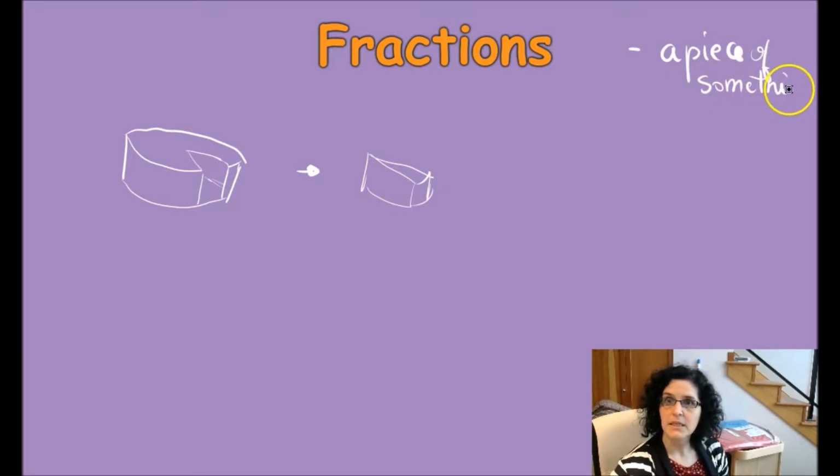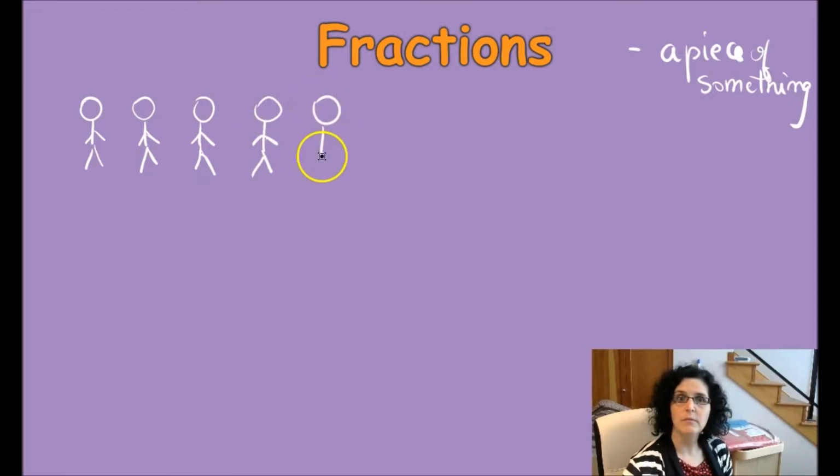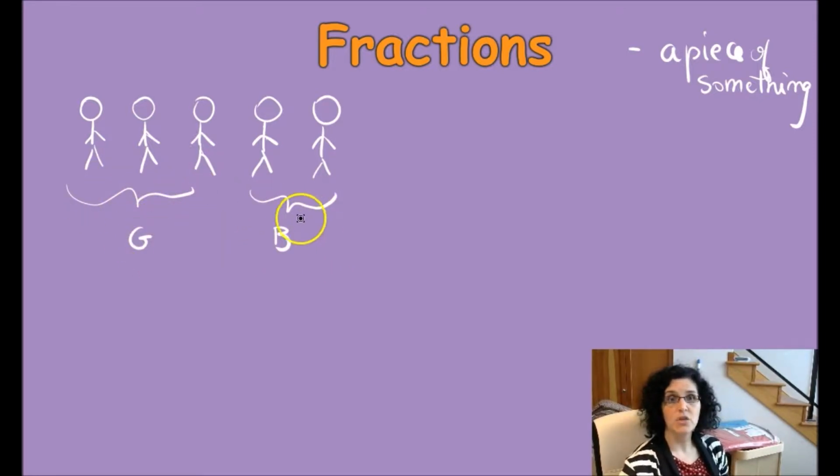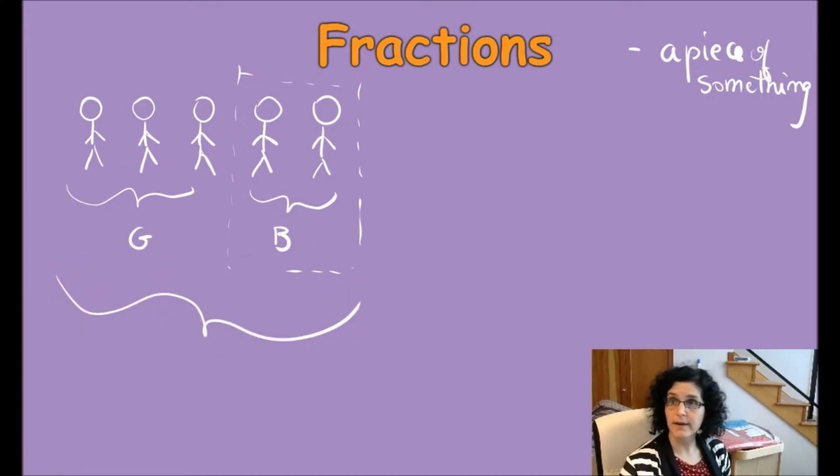A fraction can also be, let's say I have five friends, and two of them are boys, and three of them are girls. So the boys are a fraction of my total group of friends.